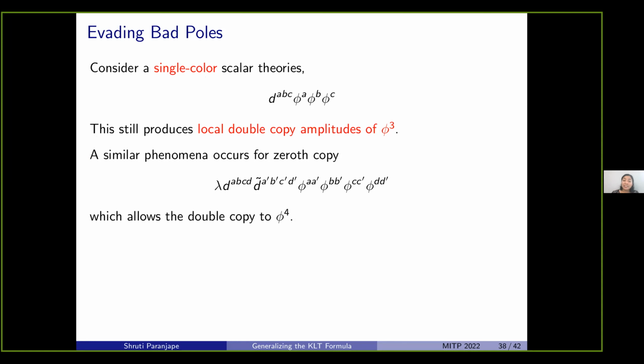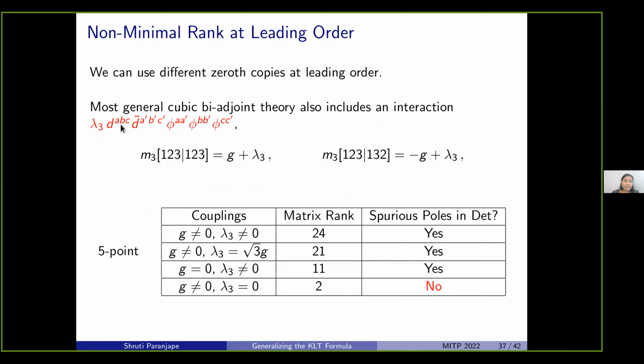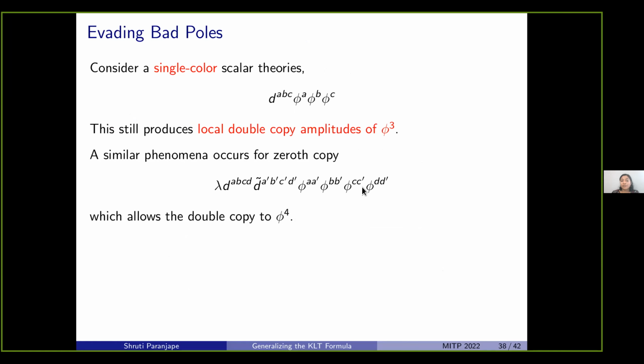Okay, and you can play this game where instead of doing d^{ABC} phi phi phi, you can do d^{ABCD} phi phi phi phi. So basically the quartic version of that deformation. And again, you'll get spurious poles at 8 point, but those spurious poles will cancel and you'll get a perfectly local double copy if you are double copying this single color scalar theory, and it'll double copy to phi to the fourth.